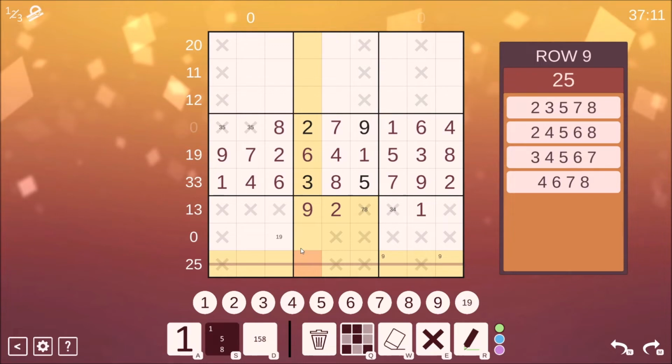Now, that would leave an 8 over positions. And then we could not have a 7 here. We'd have to place our 6 there. And a 7 over here.